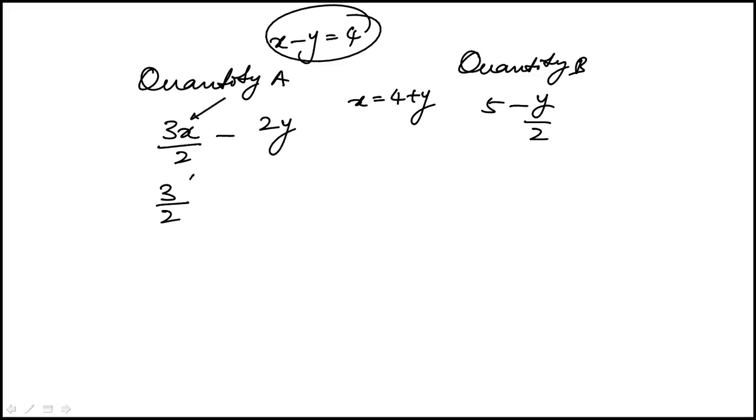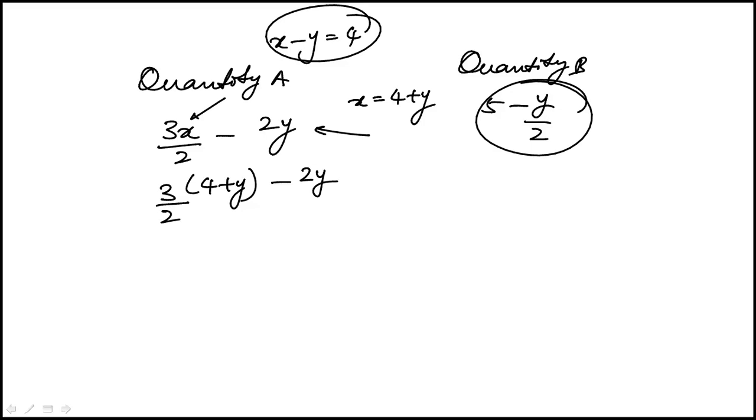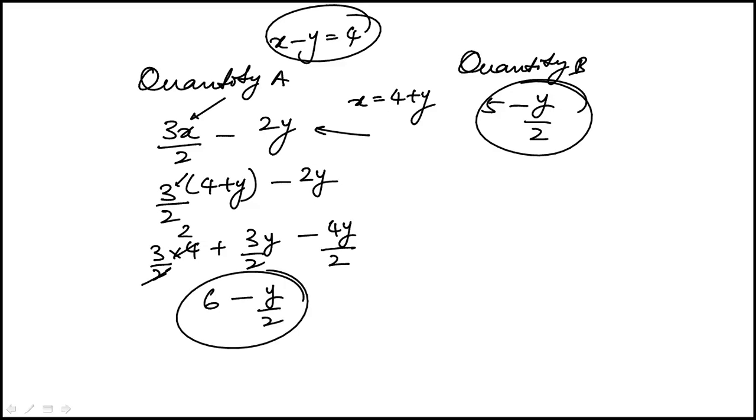So that becomes 3 over 2 times 4 plus y. So really just writing this side completely in terms of y, because this side already has just y terms. So I multiply 3 over 2 times 4 plus 3 over 2 y, and then I'm going to match the denominator here, and this becomes 6, and I have 6 minus y over 2. So 6 minus y over 2 or 5 minus y over 2. Quantity A is bigger. So again, the answer is A.